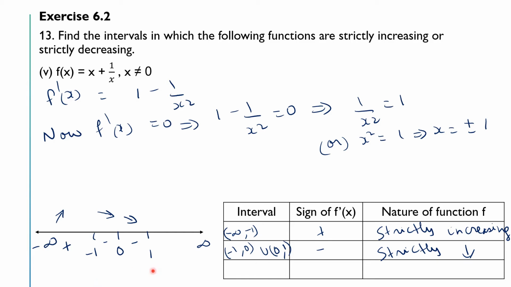Now the next interval is 1 comma infinity. Here if we substitute, say, a point 2 and check in f dash of x, we get 1 minus 1 by 4, which is again positive. So the sign of f dash of x is positive. It means f of x is strictly increasing.